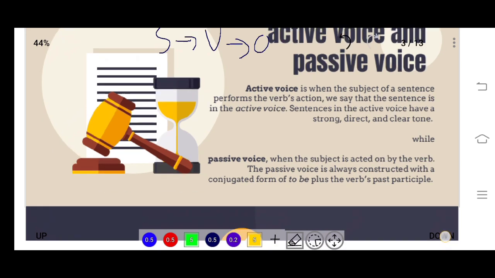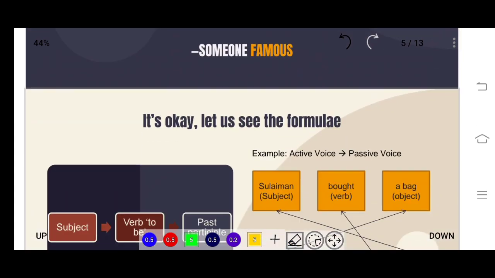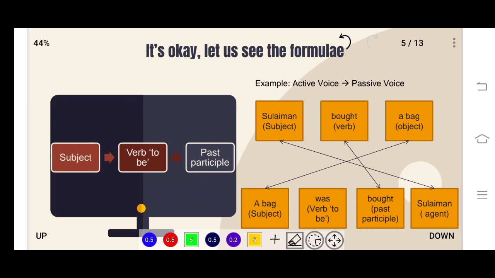Alright, so still confused? It's okay, we will check one by one. Okay, next one. Let us see the formula for the passive voice, how to change the active voice to passive voice. When you change from the SVO, the original for the active voice is SVO: subject, verb, object.